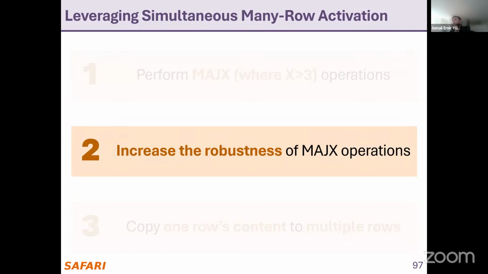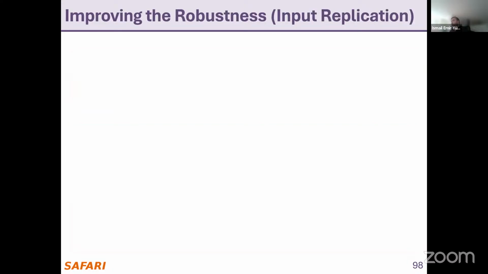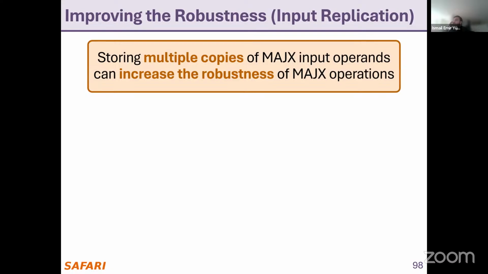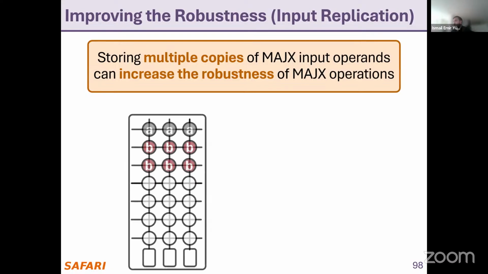And the second use case for us is to increase the robustness of MAJX operations. So the key idea is storing multiple copies of MAJX input operands can increase the robustness of MAJX operations. So we have MAJ3 here, A, B, and B, and assume that the rightmost bit line results in an incorrect output.